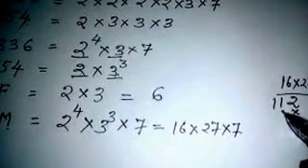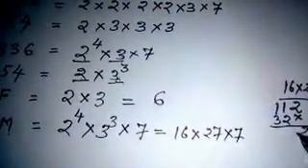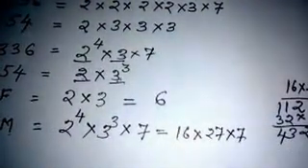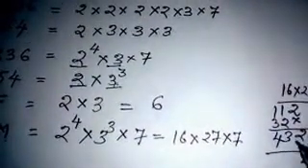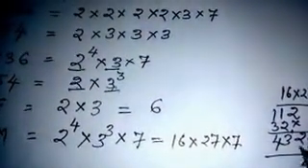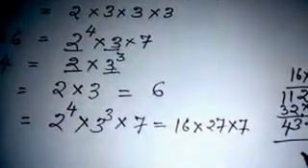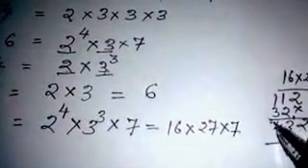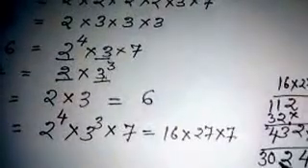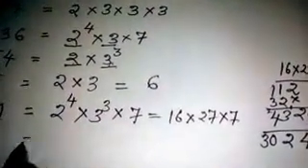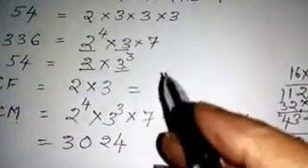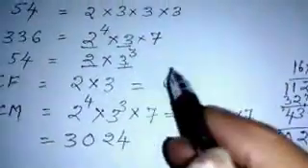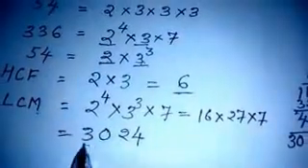This we got as 432, then multiplied by 7. 7 2s are 14. We got 3024. So this is your LCM. This is the HCF and this is the LCM.